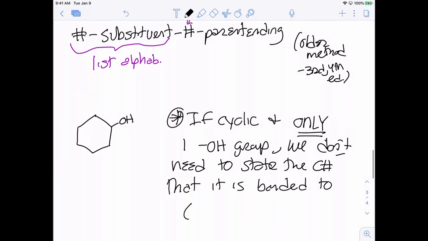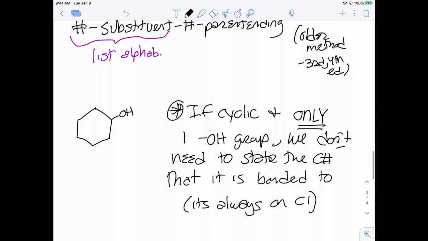Right? It's always on C1. If we have more than one, one of them will always be on C1. One of them will never not be on C1, because the first thing we have to do, right, is number them so I have the lowest numbers for my hydroxyl groups. But if there's one, we don't have to say. If there's more than one, we do.